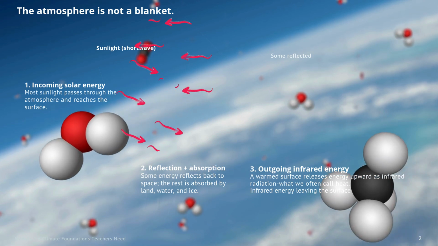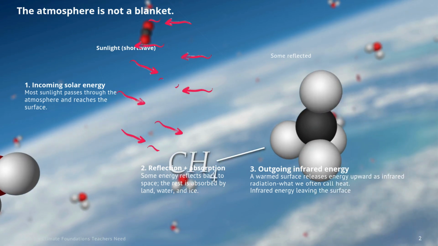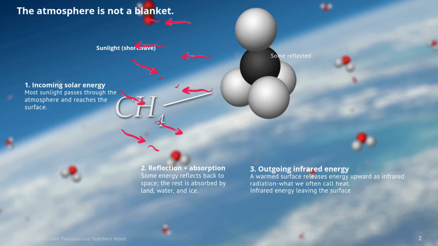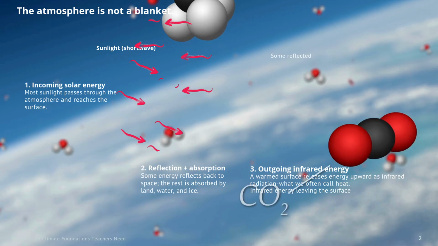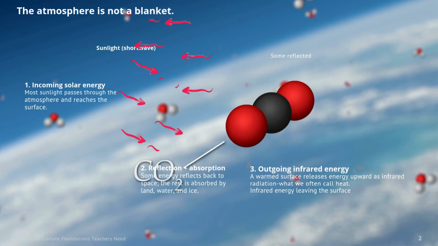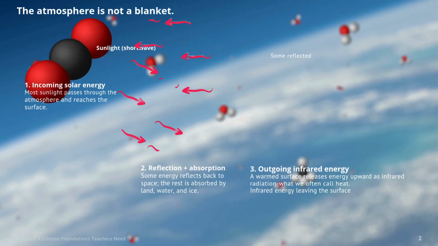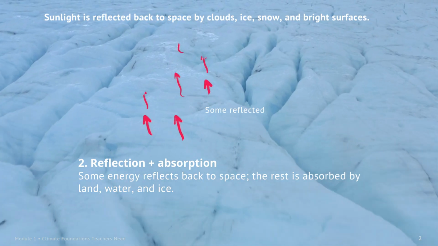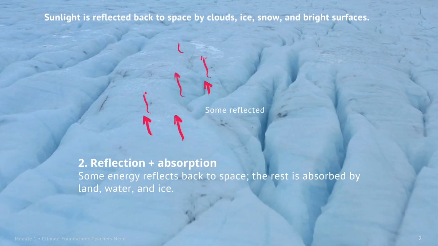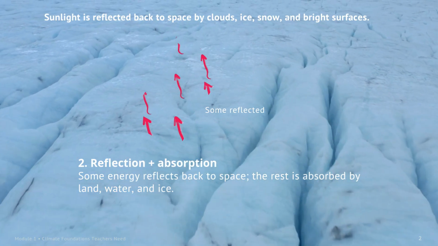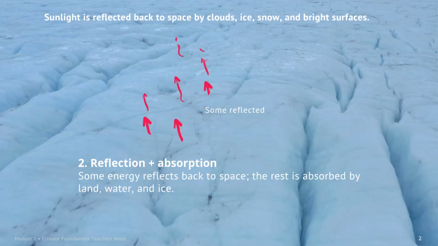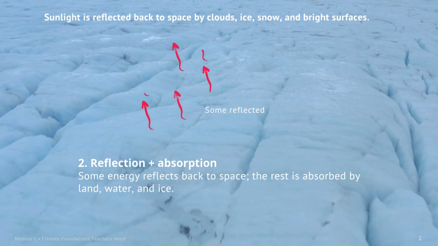And then we have these greenhouse gases: water vapor, carbon dioxide (CO2), methane (CH4), nitrous oxide (N2O), and ozone (O3). And then there are other fluorinated gases. The sun sends energy to Earth as shortwave, and some of that sunlight gets reflected back to space by clouds, ice, snow, just bright surfaces.